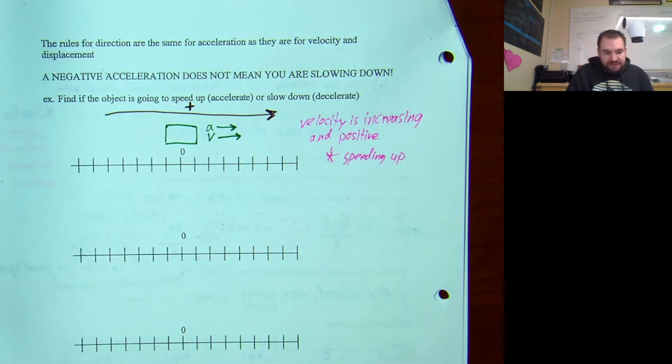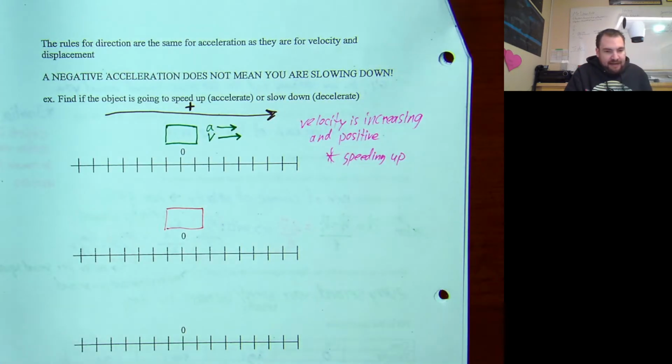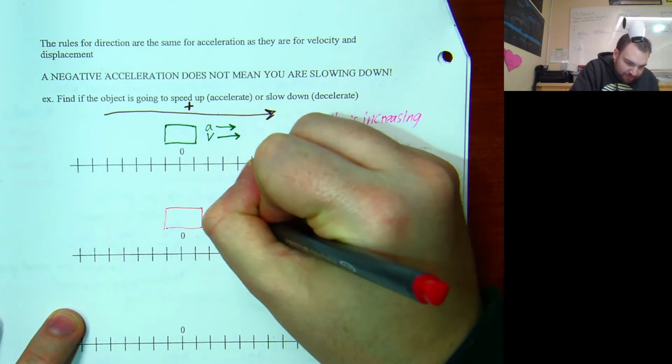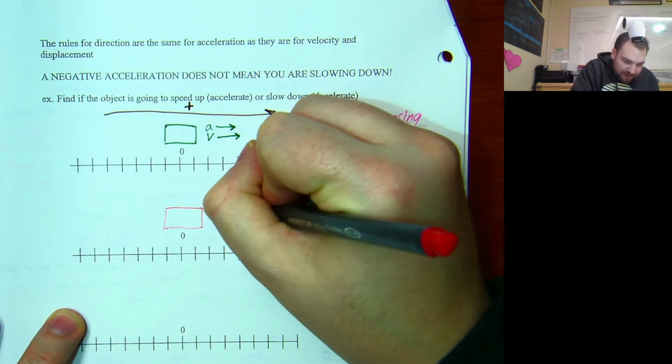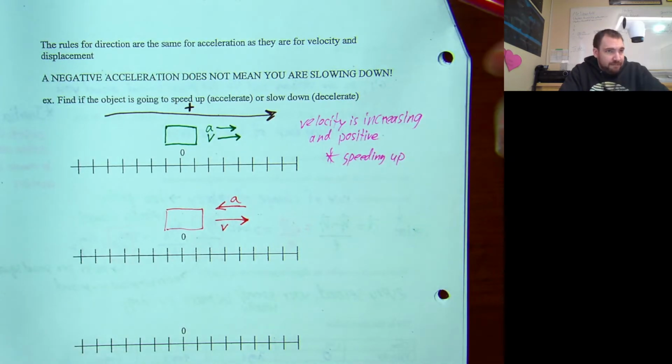Cool. What if I have this? Let's use a different color. We'll go to red. I got my block again. I've got a velocity this way, and I've got an acceleration this way. What does that mean? Manuel.